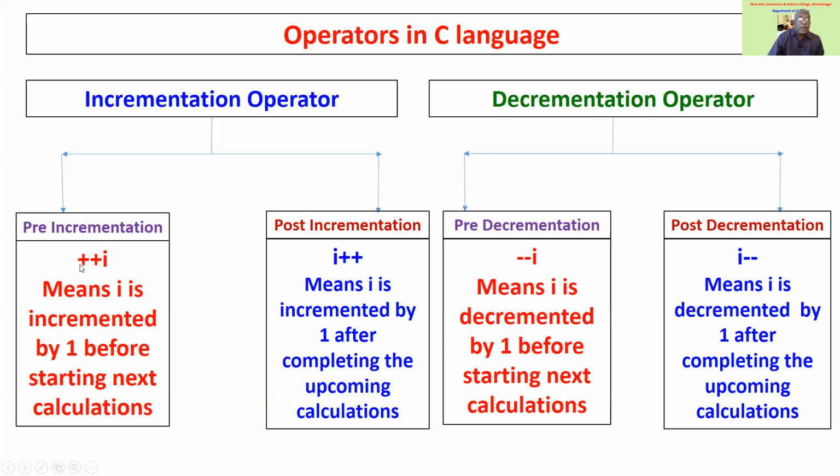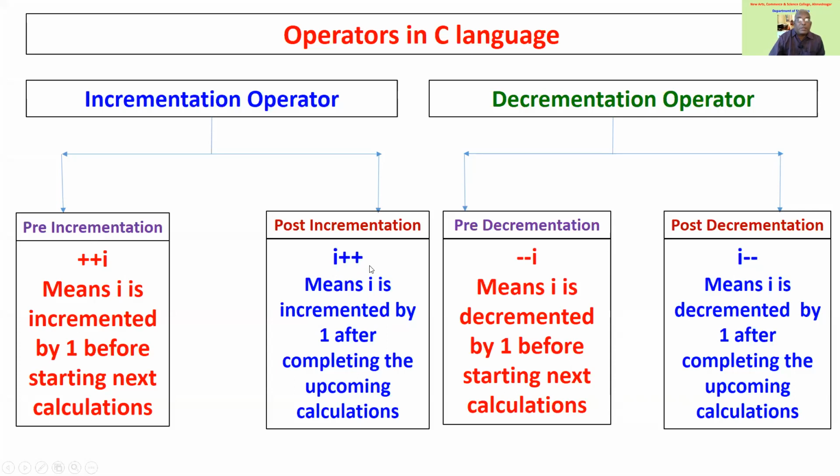Now see here, I have written plus plus I, I plus plus, minus minus I, and I minus minus. Plus plus I is the indication of a pre-incrementation operator.